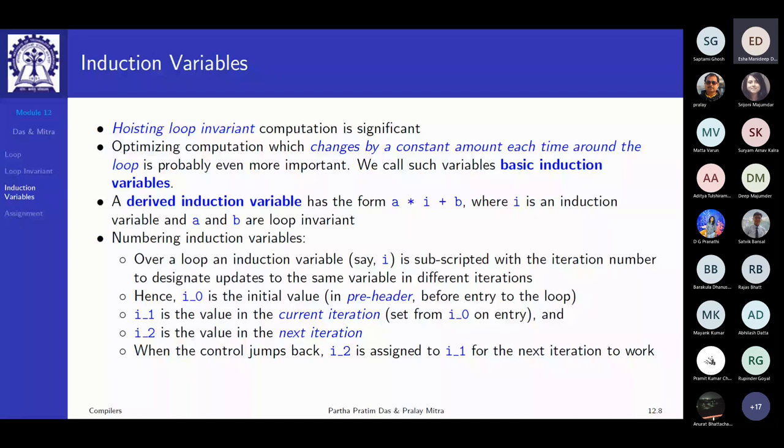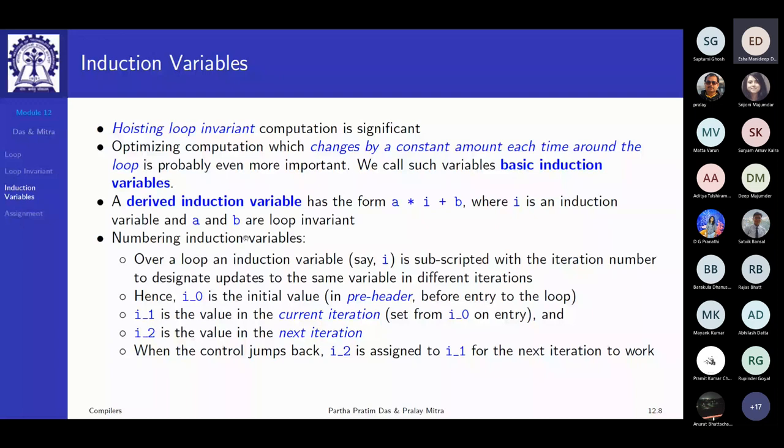Here we are trying to do something similar. It is the same variable I, but based on its involvement in the pre-header initialization, or in the current iteration, or in the next iteration, we mark it as different variables. Naturally, in the next iteration, it becomes the current iteration, and we don't need to keep on defining I3, I4 like that. We can just manage with this.